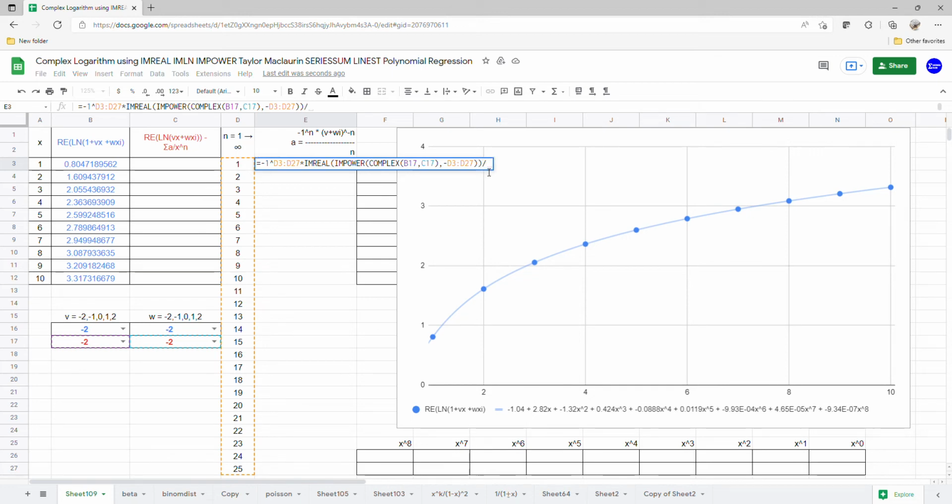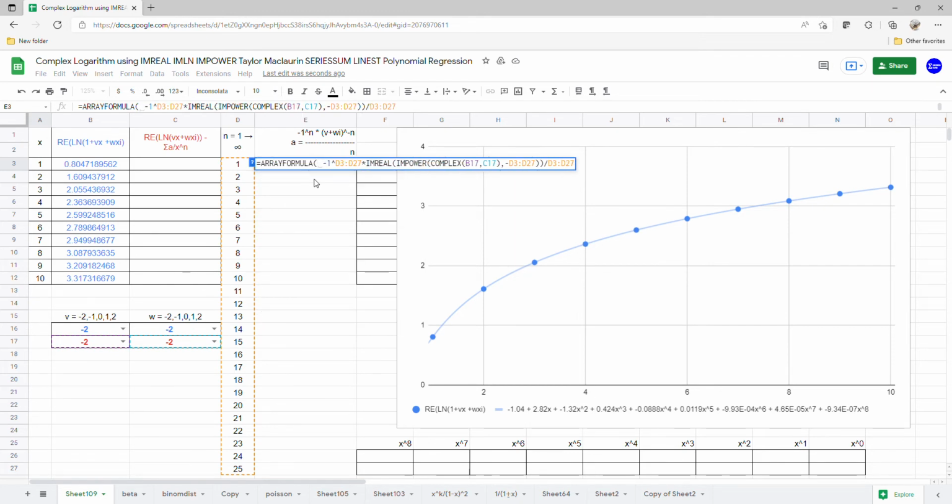So divided by n. Now we complete the array formula. So this is an array formula.